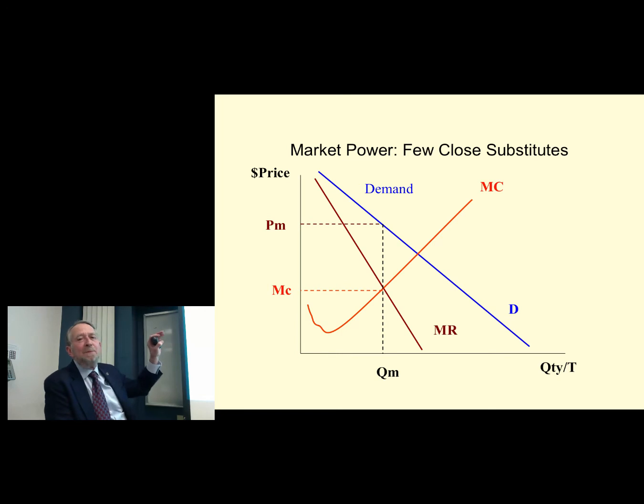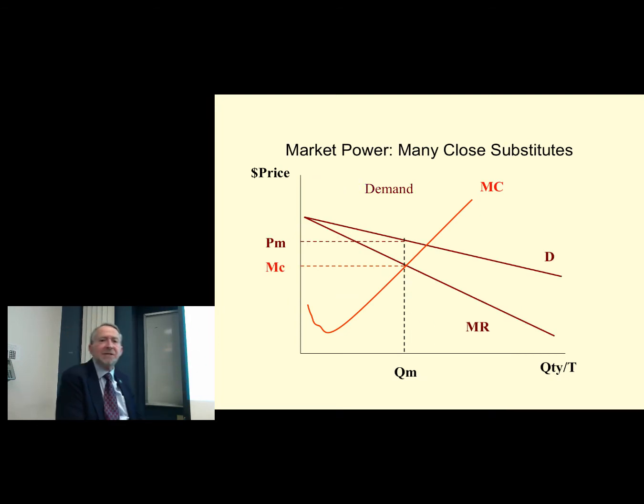When you have a few other producers of similar products, but you are differentiated, maybe price is twice marginal cost. If you look at the price to marginal cost ratio of a product like StarKist tuna, the little 3-ounce can of tuna, there's very little market power because there are all these other brands there.